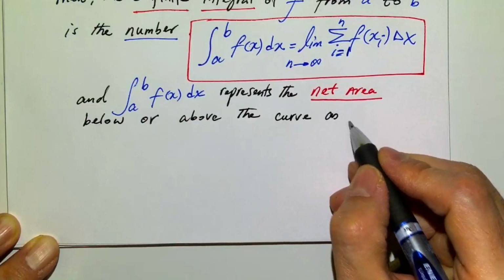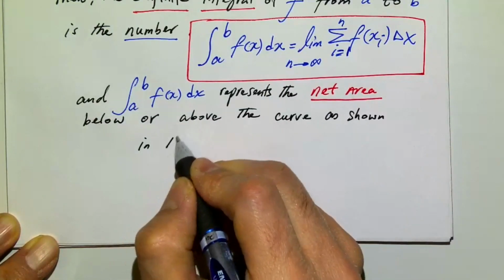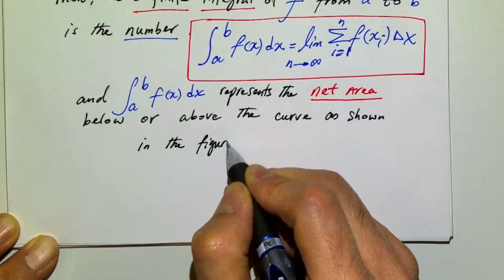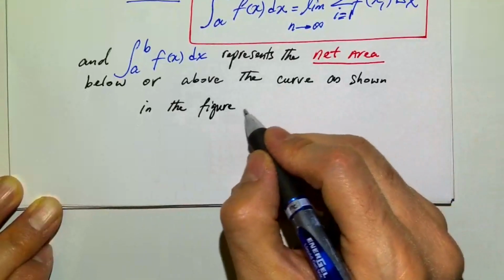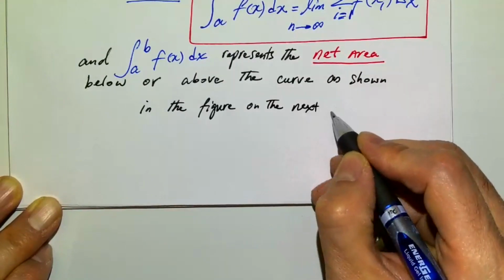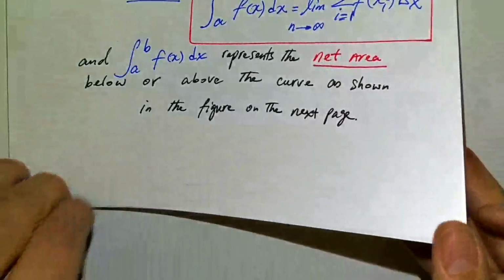Let's just give an example as shown in the figure on the next page, because I'm going to run out of room here. Okay, so let's quickly draw that.